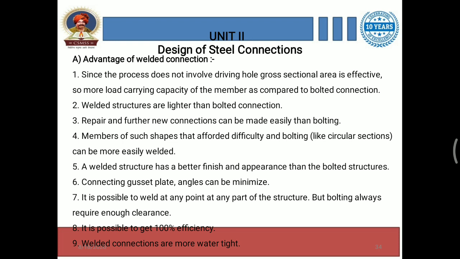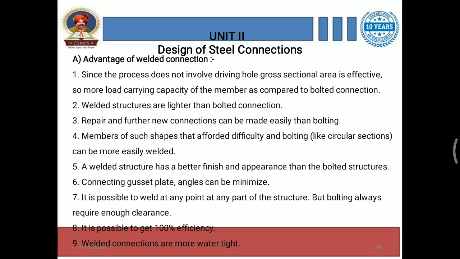Second, welded structures are lighter than bolted connections, because here no additional member is required for the connection. But in case of bolted connection, additional members, nuts and bolts, are required to connect the two major components.